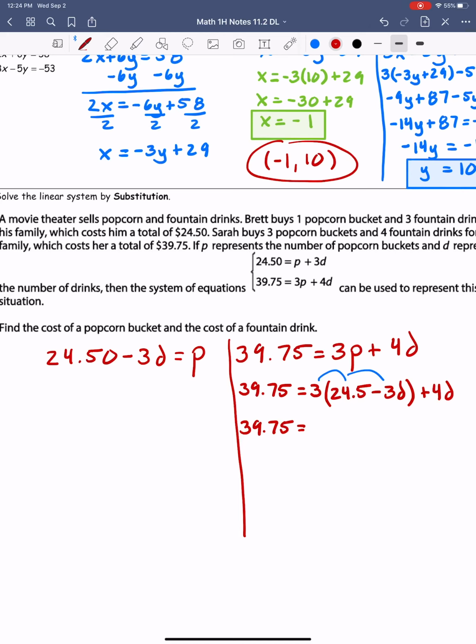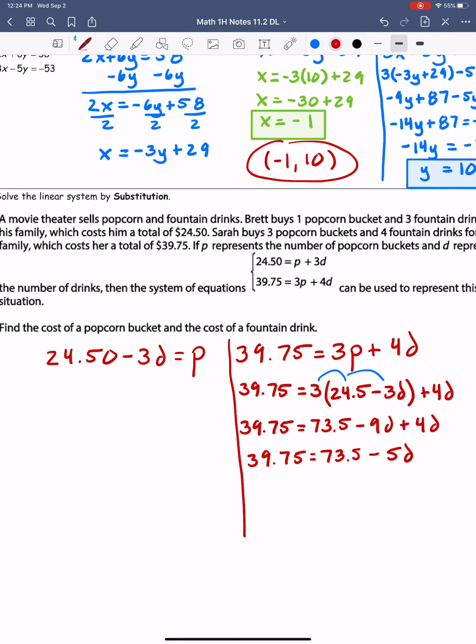It's going to give me 73.50. Okay, so 73.5 minus 9d plus 4d. Combine my like terms there. Negative 9d plus 4d is negative 5d.